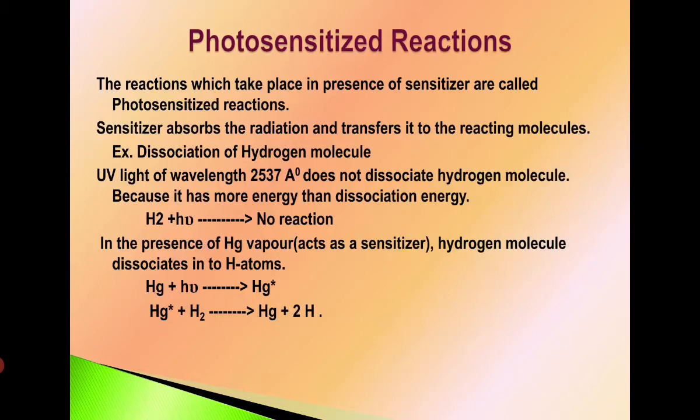Photosensitized reactions: the reactions which take place in the presence of a sensitizer are called photosensitized reactions. In some photochemical reactions, the reactant molecules do not absorb radiations directly. Instead, another substance absorbs radiations and transfers that energy to the reactant molecules, which then undergo chemical change.